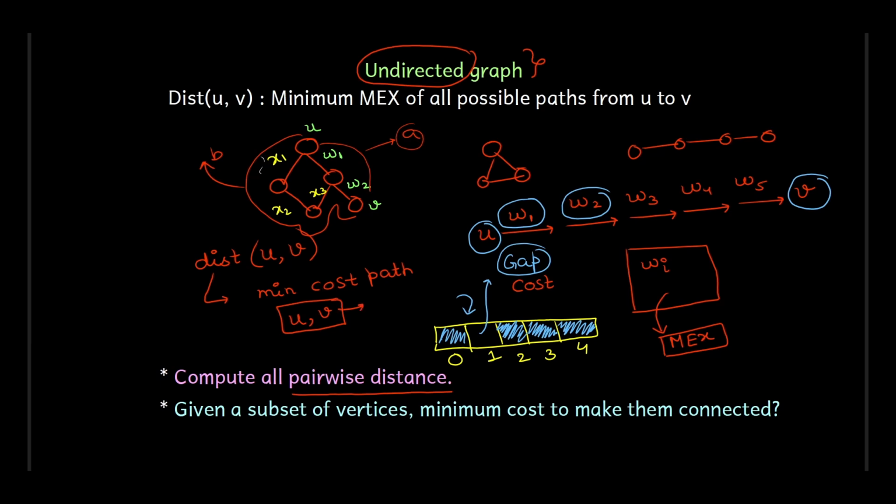And the second question that you have to answer is, the original graph had n nodes. If I were to select a subset of these n nodes, and only a limited set of these n nodes, I want you to add as few edges as possible to make this entire thing connected, and adding an edge between u to v will cost you the distance between u to v in the original graph, which is basically the minimum max across all possible valid paths.